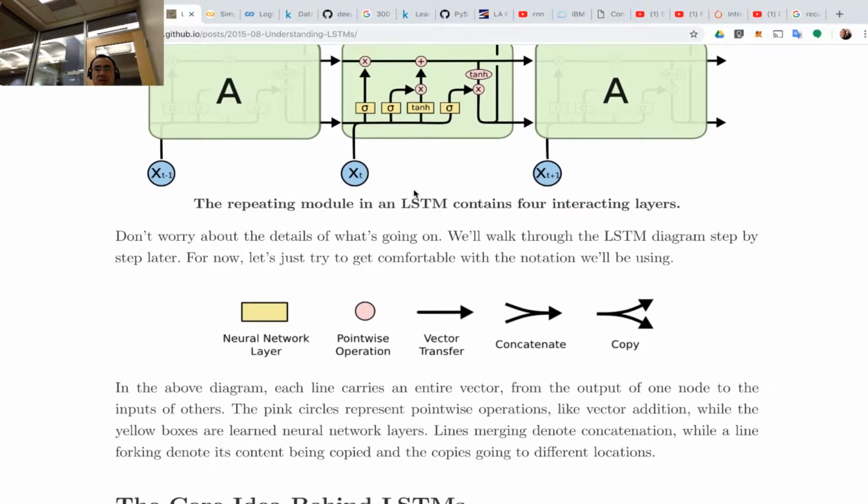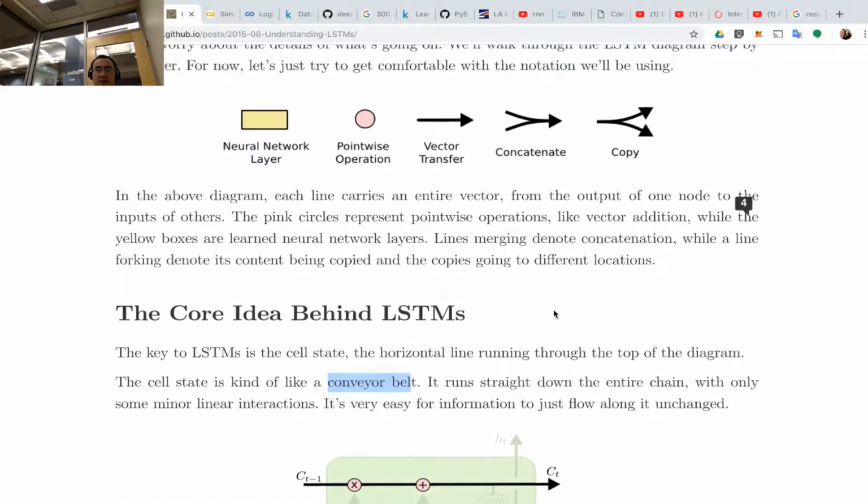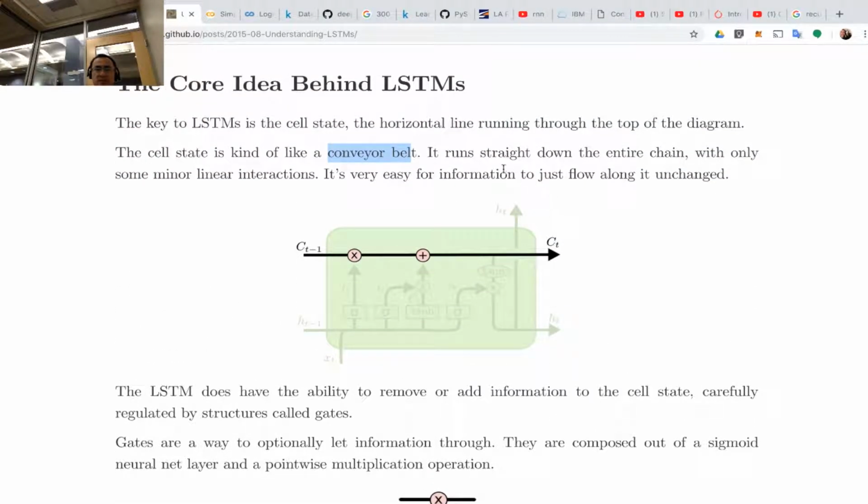The cell state, C t minus 1, this is C t. It runs straight down the entire chain with only some minor linear interactions. It's very easy for information to just flow along it unchanged.